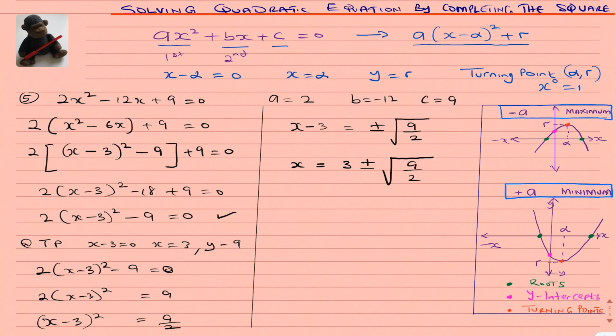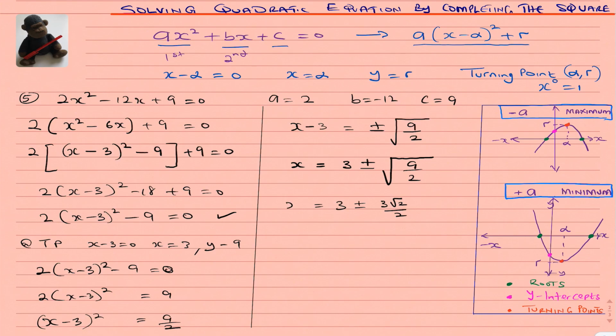So root 9 over 2 is root 4.5. Square root of 4.5. If we leave it in surd form, it will be 3 plus or minus 3 root 2 over 2.